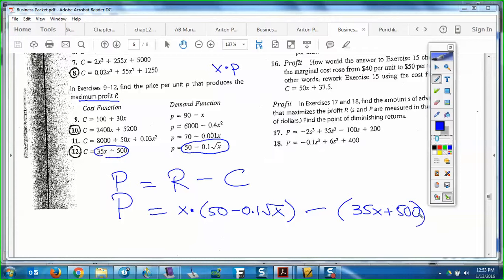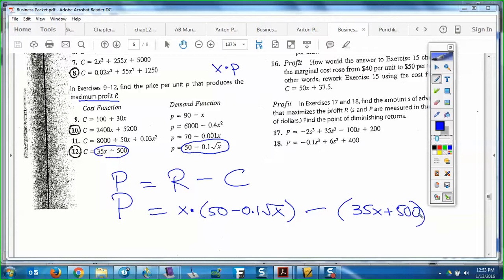Now I've got these things worked out here. When I did this one, this is number 12, I got 10,000 for x. Is this number 12? Yeah, I got x equals 10,000. That's the only candidate I really had. Now on the answers, if you pulled up the business packet answers, these were things I just made to check your work.